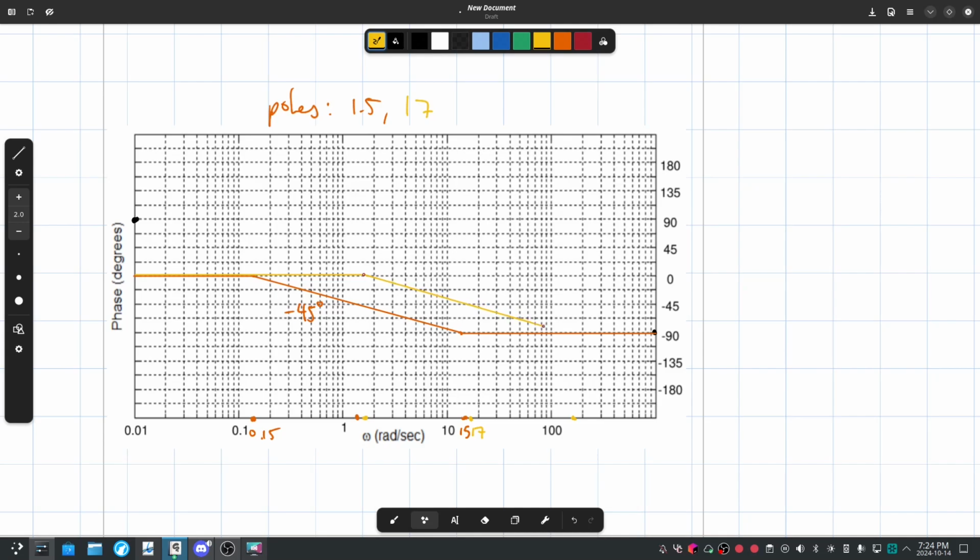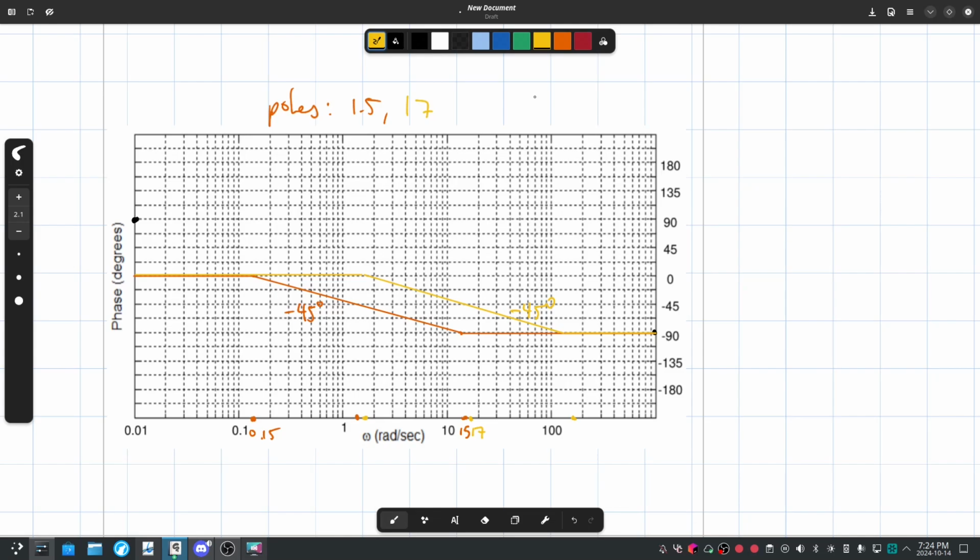So after 2 decades, it's going to end up like that. And then it's going to continue on flatlined. Again, this is negative 45 degrees. Again, if you happen to have a zero, then it would be increasing by 45. But we do not. We only have 2 decreasing.